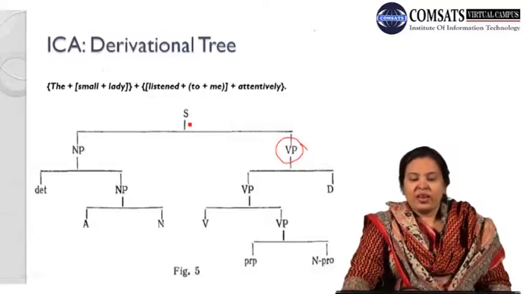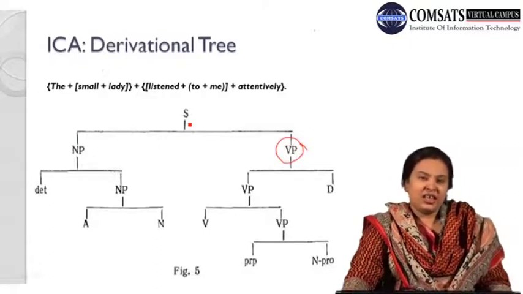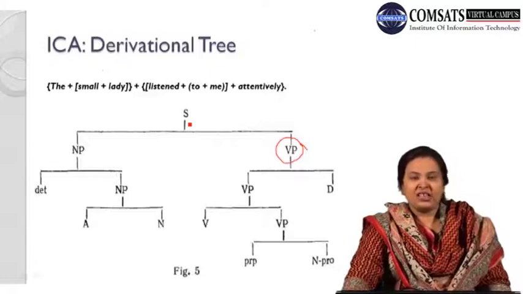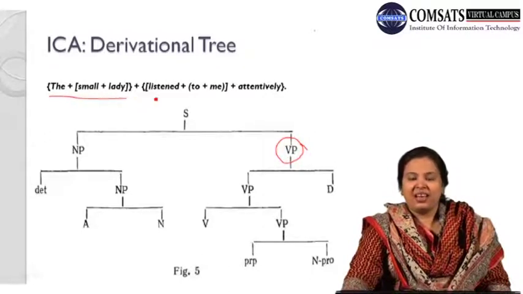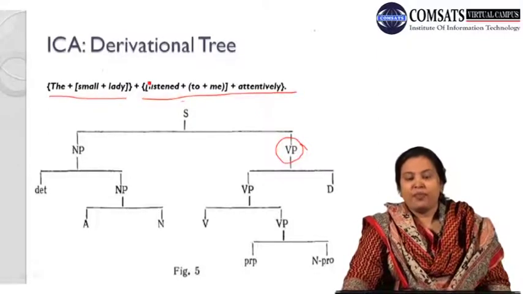So at the very first level, the sentence is divided into a noun phrase and a verb phrase. The noun phrase in the sentence is the small lady, and here is the verb, so this is the predicate or the verb phrase.